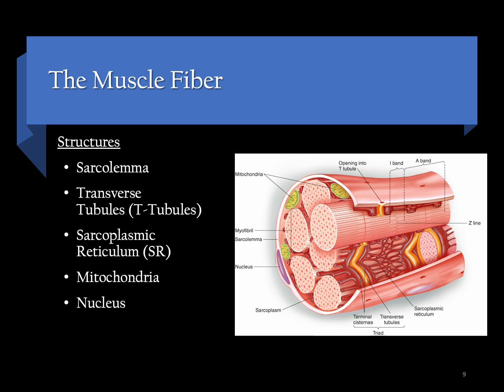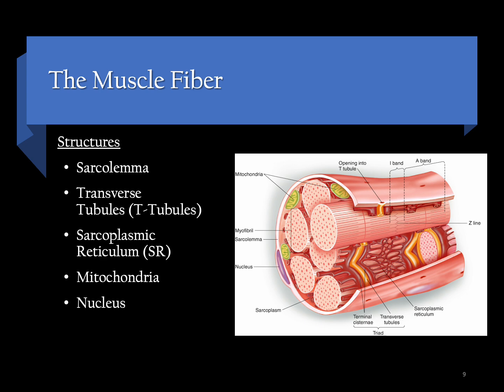Sarcomere is what we discussed on the previous slide, which is Z line to Z line. Sarcolemma is what's known as the plasma membrane that wraps around the muscle fiber itself. So this outer layer that wraps around all of these myofibrils is known as the sarcolemma.